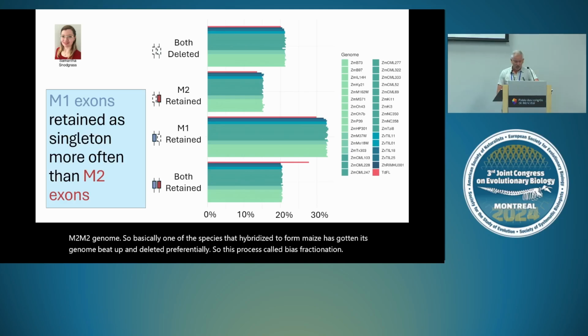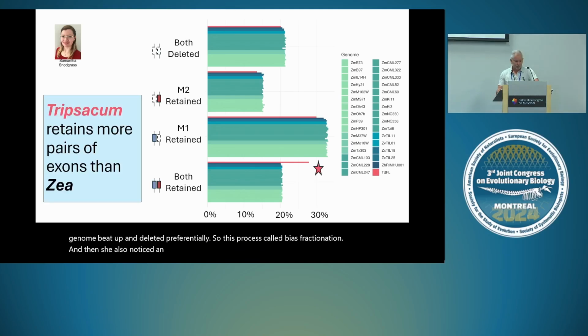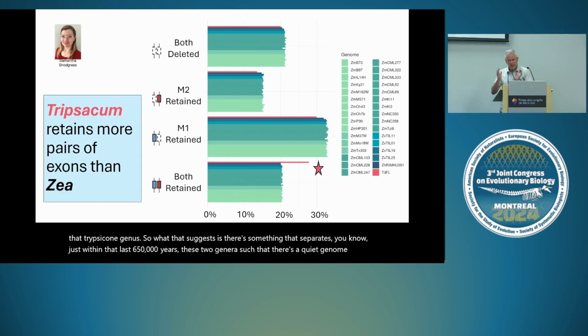And then she also noticed an interesting result where when she looked at just Tripsacum, there was a bias towards more retention of both of those copies from those ancestral genomes within that Tripsacum genus. So what that suggests is there's something that separates, just within that last 650,000 years, these two genera, such that there's a quiet genome that's retaining a lot of those duplicates from the ancestral polyploid.